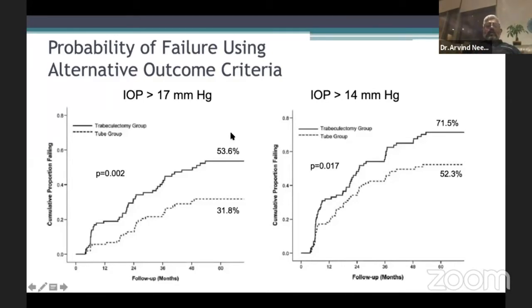The failure rate rises to about 53% in the trabeculectomy group for over 17 millimeters of mercury and rises to about 32% in the tube group. Whereas if you go to greater than or equal to 14 millimeters of mercury, again, there's a staggering increase in the failure rate.